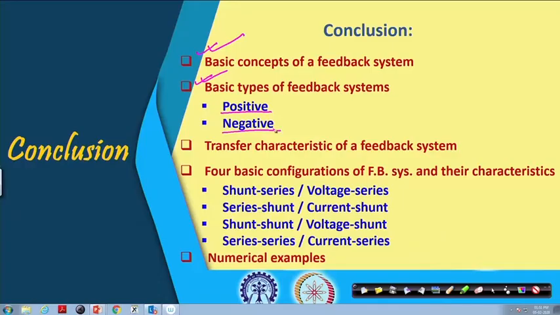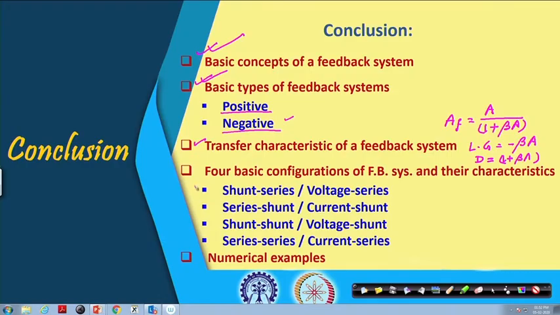And subsequent discussion is mostly related to negative feedback system. Then we have talked about transfer characteristic of feedback system, namely AF is equal to 1 by A divided by 1 plus beta into A. Also we have talked about loop gain, which is equal to minus beta into A, and then desensitivity factor D is equal to 1 plus beta into A.